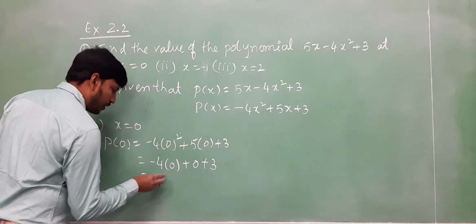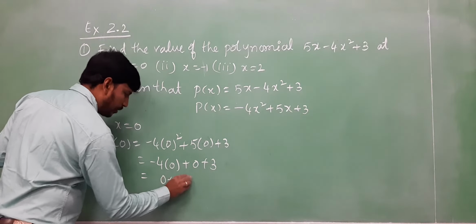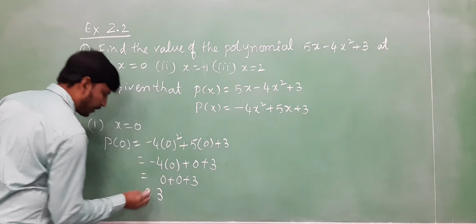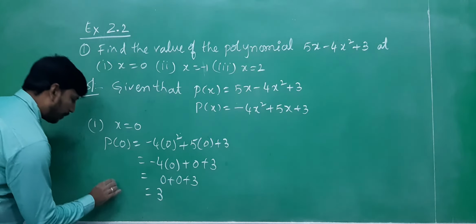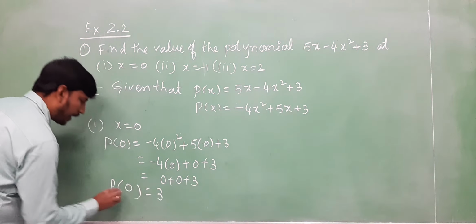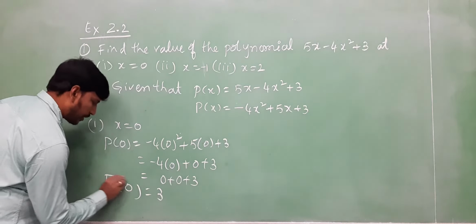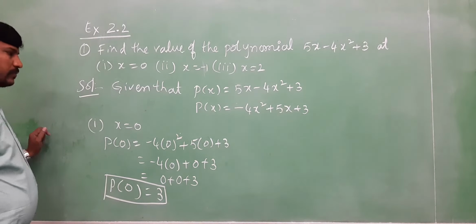Minus 4 into 0 is 0, plus 0 plus 3. Answer is 3. So therefore the value of the polynomial at x equal to 0 is 3 here. Okay, p of 0 is equal to 3.